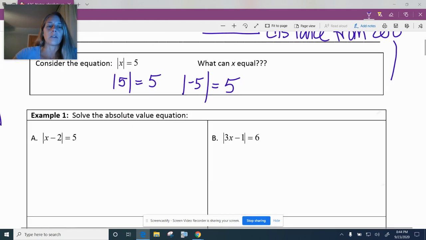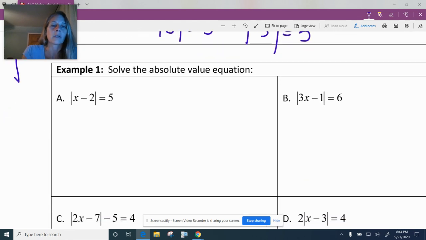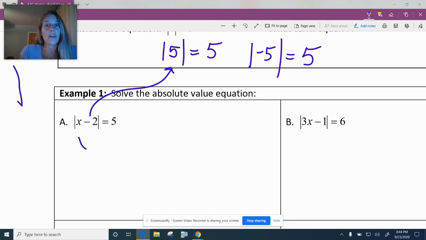So when we take a look at example 1 here, we want to account for the fact that whatever's in these bars could be either equal to 5 or -5. So this x minus 2 could be 5, because that would still come out as a 5, since the number 5 is 5 units away from 0.